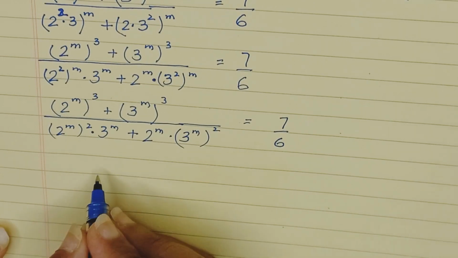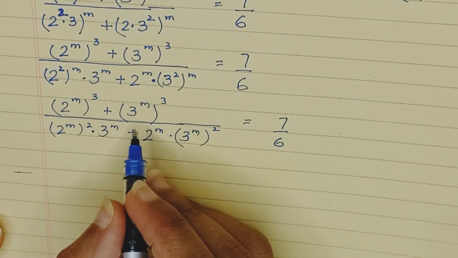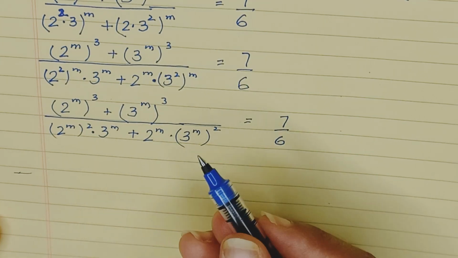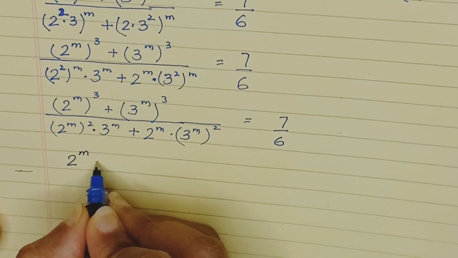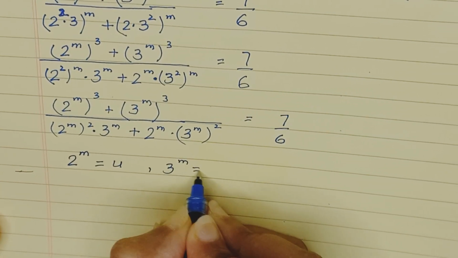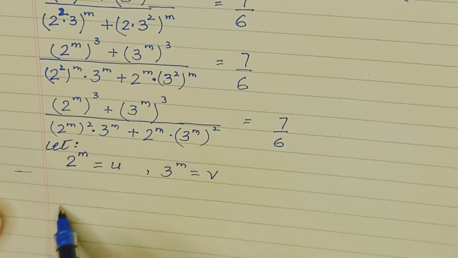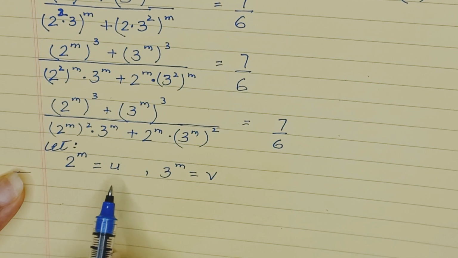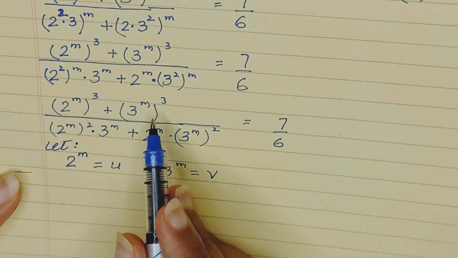Now let 2^m and 3^m be u and v respectively. So 2^m is equal to u and 3^m is equal to v. Now substitute u in place of 2^m and v in place of 3^m.